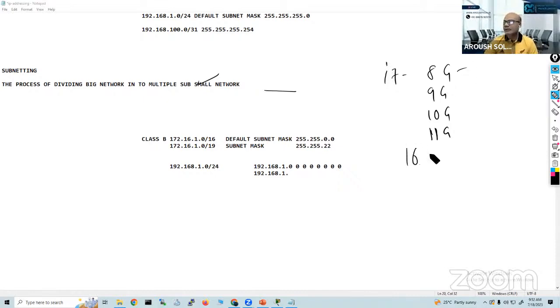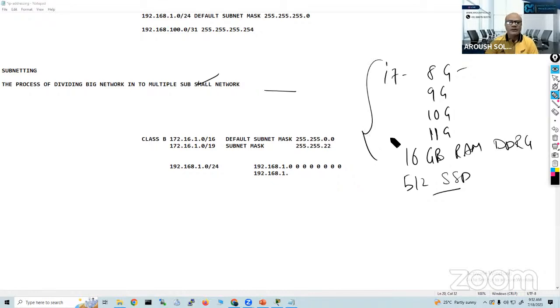So I recommend 16 GB of RAM, minimum DDR4, and a 512 GB SSD. This is sufficient to install this, because you can learn other things like F5 load balancer, Palo Alto firewall, Fortinet firewall. This is sufficient as per my understanding.